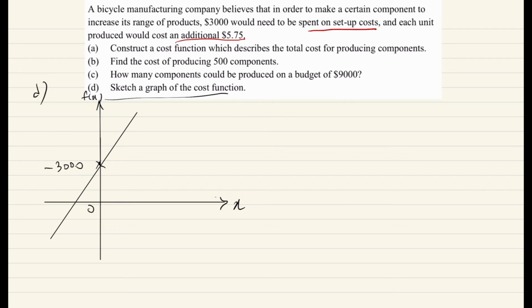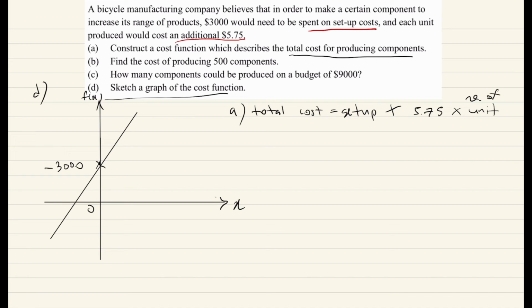So now it says construct a function to describe the total cost for producing components. This is very simple. This will mean that total cost equals, so you set up plus 5.75 times the number of units.